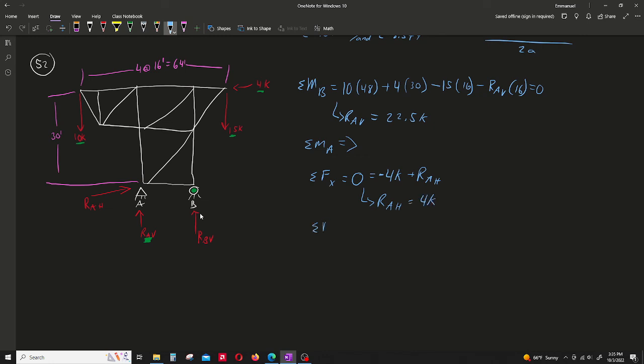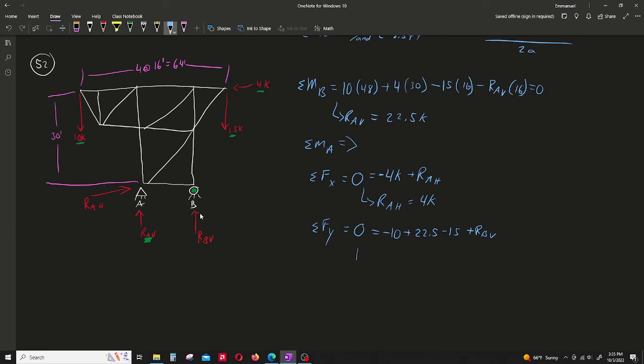And then same thing for the sum of our forces in the y direction. Make life easy, we can do this to solve for RBV. So we have negative 10, plus 22.5 for our RAV, minus 15, plus RBV. I think that's it. 10, RAV, RBV, 15. Yeah, those are the only ones in the y direction.